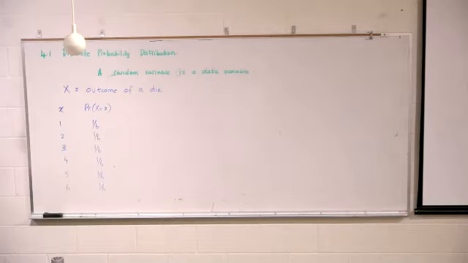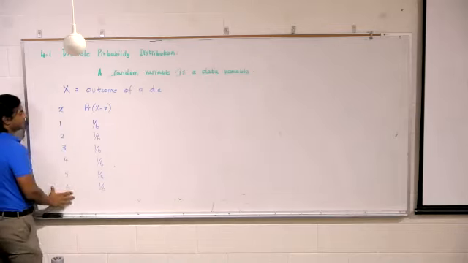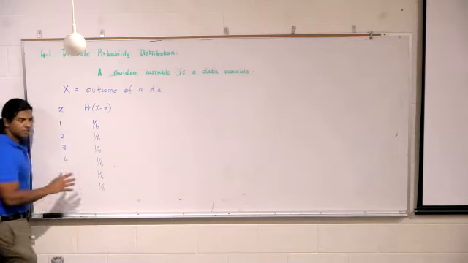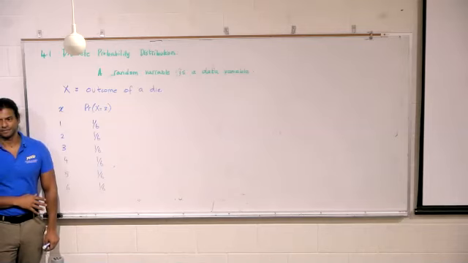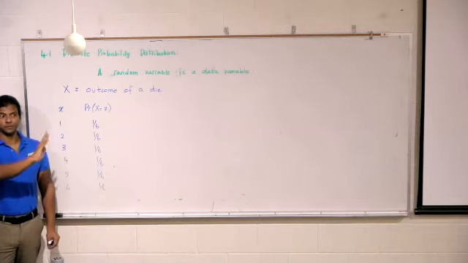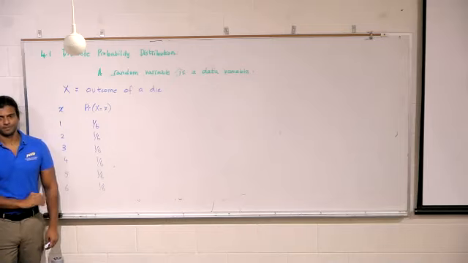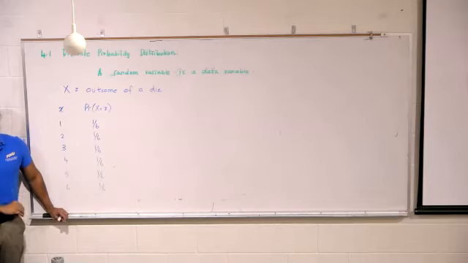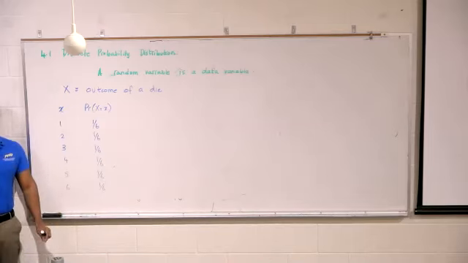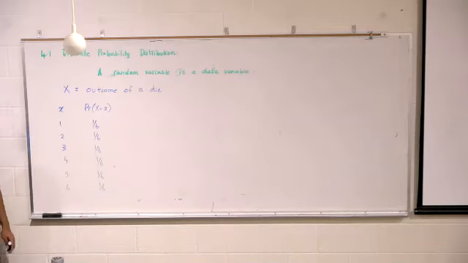This table, where we have a bunch of outcomes here and probabilities there, should remind you of something from chapter 2. Frequency distribution. One more word, you're almost there. Relative frequency distribution. So this table is nothing but a relative frequency distribution of discrete data.